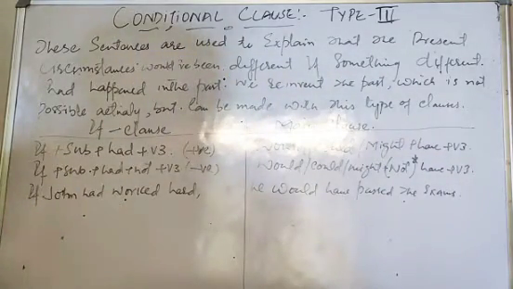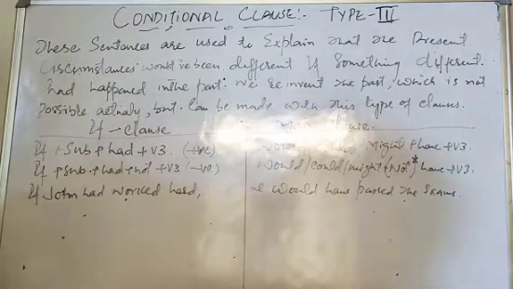In the previous lecture we understood its type second. Type second is basically an imaginary unreal past. So in the type third the situation gets a bit different.